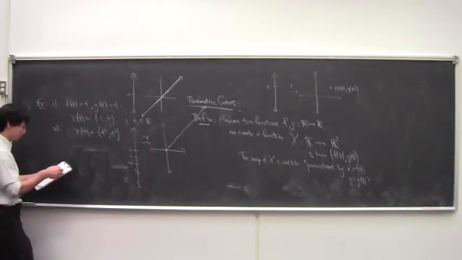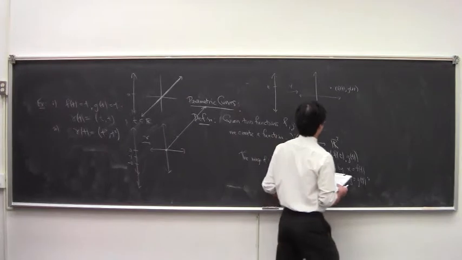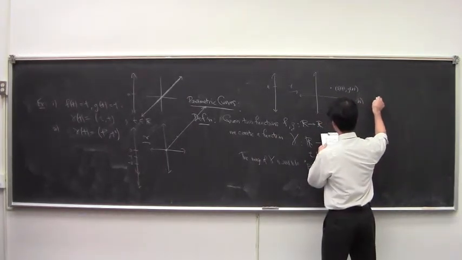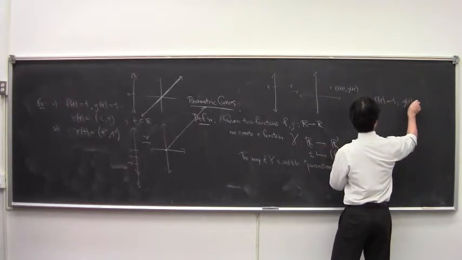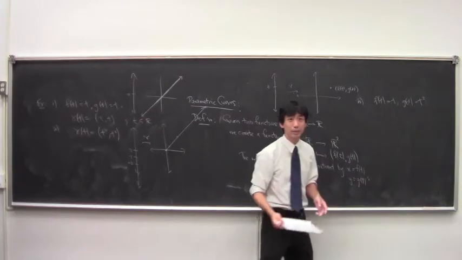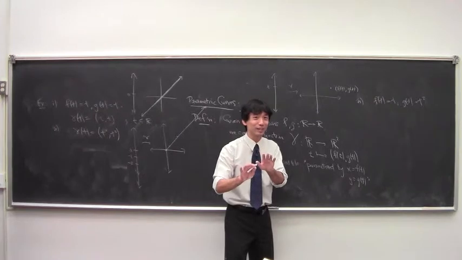Okay. Let's see. So here's another example. f of t is t, and g of t is t squared. Don't say it. Do you know it already? I just have one question. Okay, great.